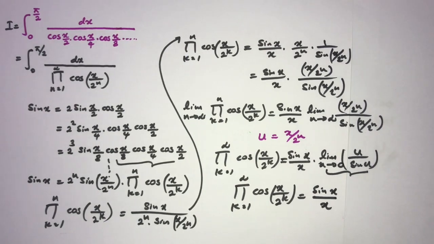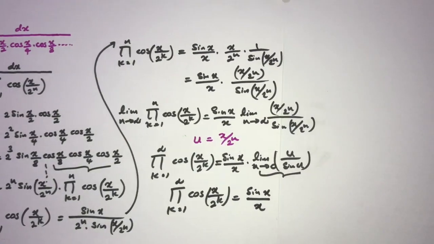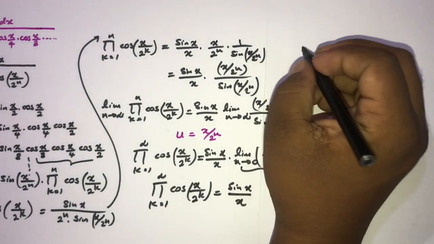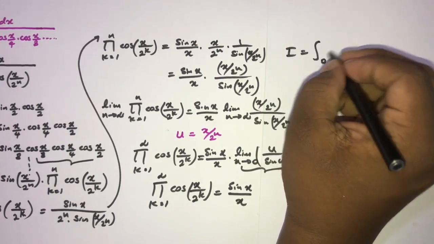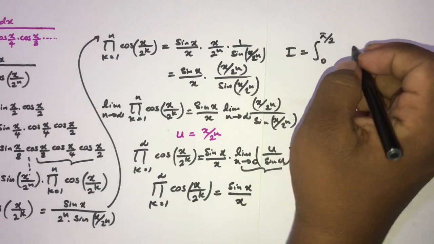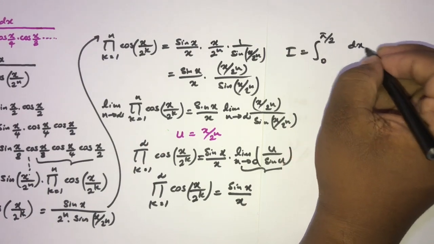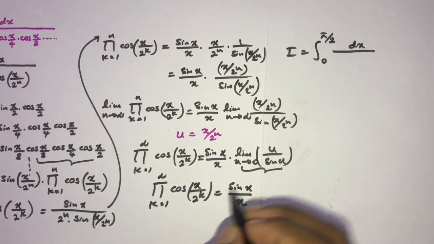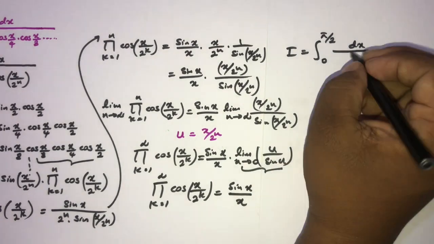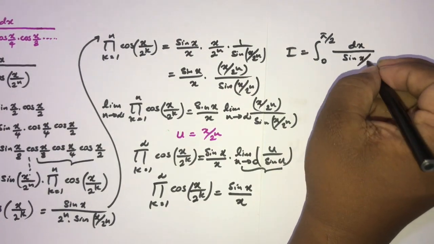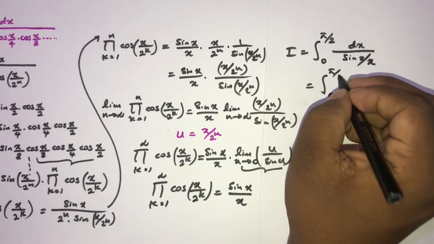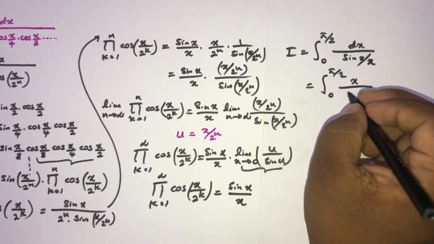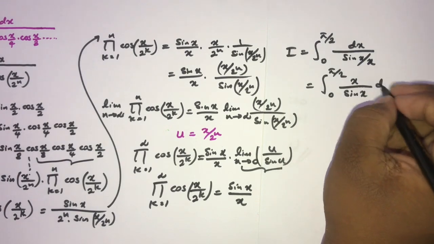Then we can write our integral I as the integral from 0 to pi over 2 of dx over our product. This product we know is sine of x over x, so it is the integral from 0 to pi over 2 of x over sine of x dx.